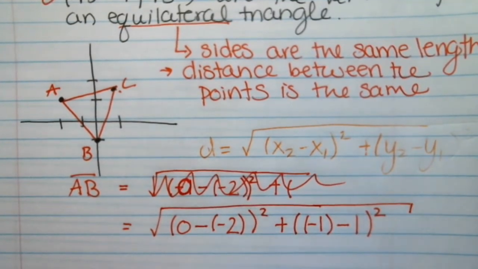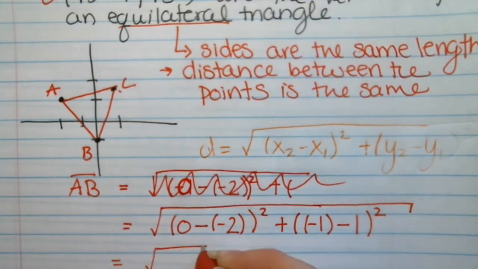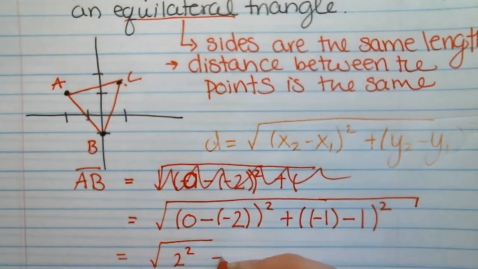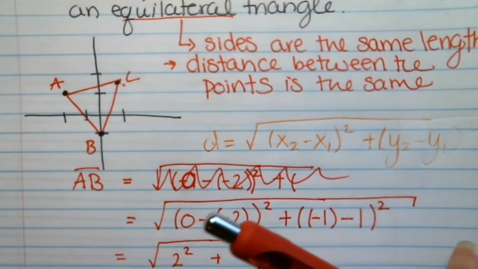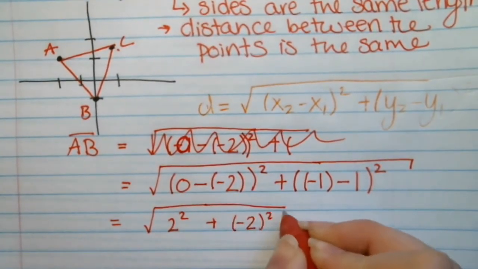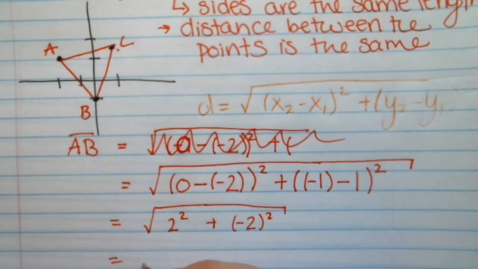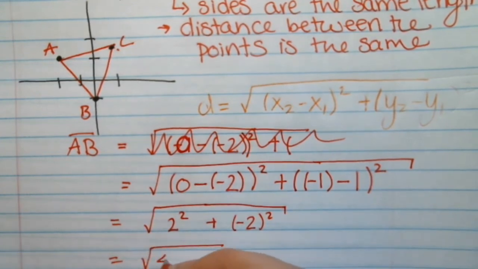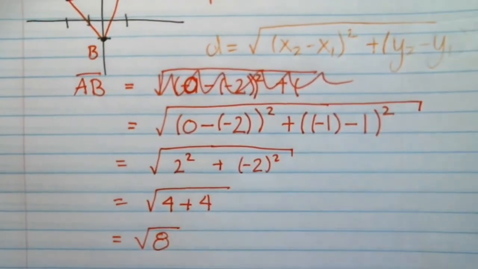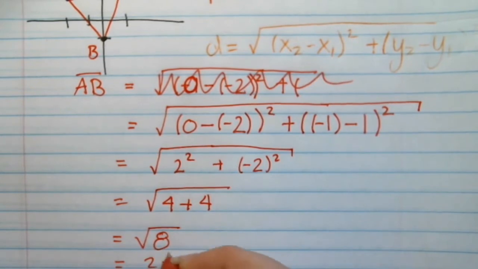So 0 minus -2 is 2, and -1 minus 1 is -2. We're going to get the square root of 4 plus 4, or root 8, which we know is 2 root 2.